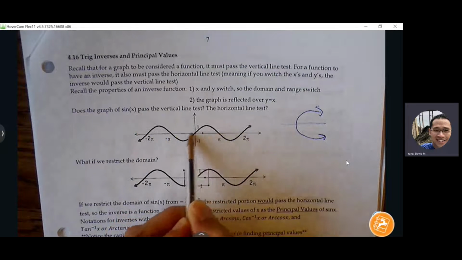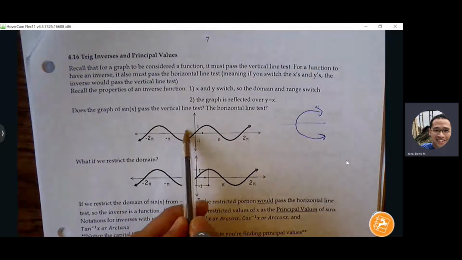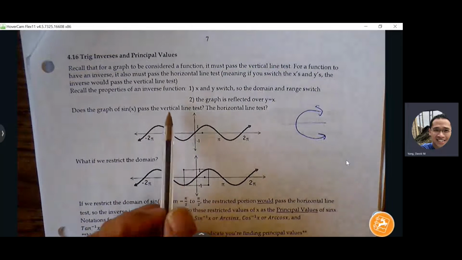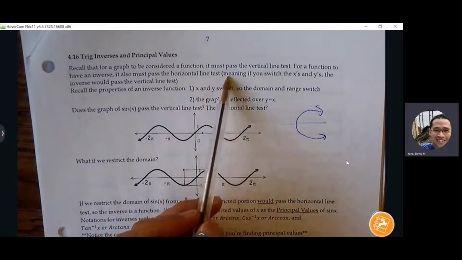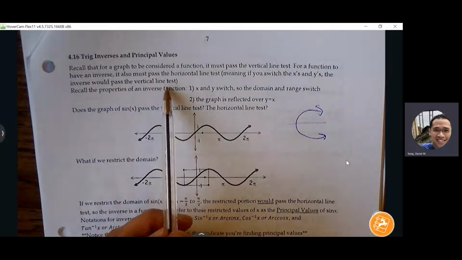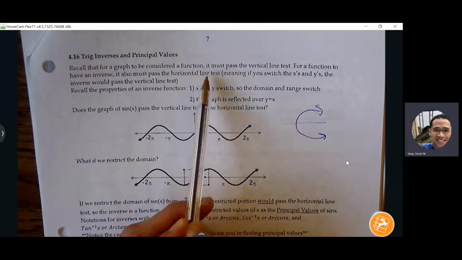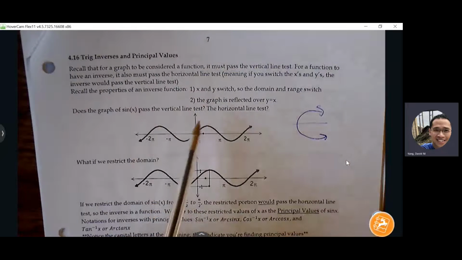So if we were to graph its inverse, it wouldn't pass the vertical line test. Okay, so that's what the horizontal line test means. It means that if you switch the x and y's, the inverse would then pass the vertical line test. So the horizontal line test tests the vertical line test of the inverse.